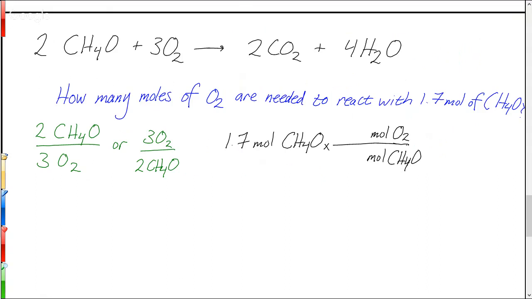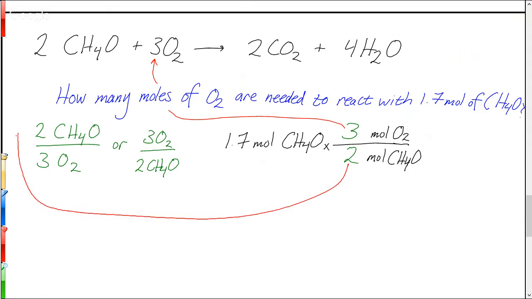And the thing that gives us the relationship between those is the numbers directly from the equation. So it tells us there's 3 of these for 2 of those. That 3 and the 2 come directly from the equation. So then we can evaluate that. 1.7 times 3 divided by 2 and get 2.6 moles of O2.